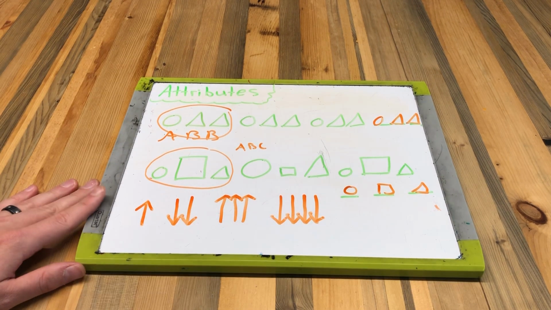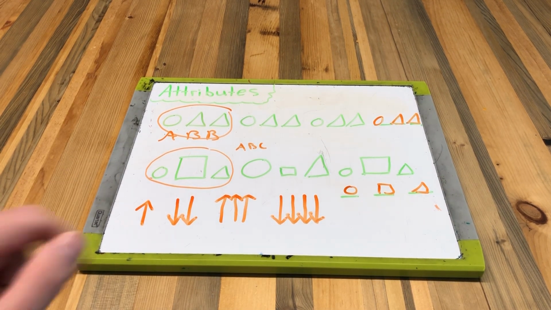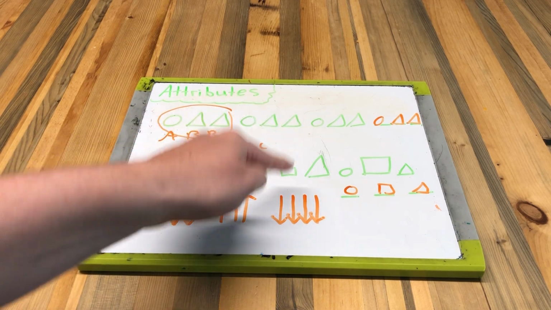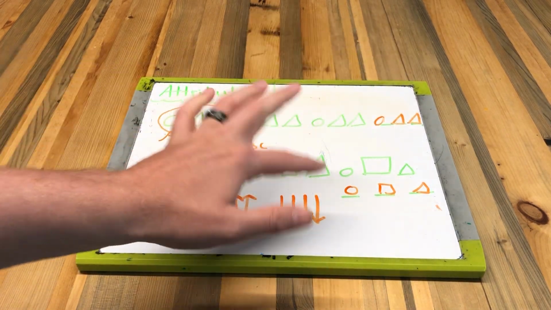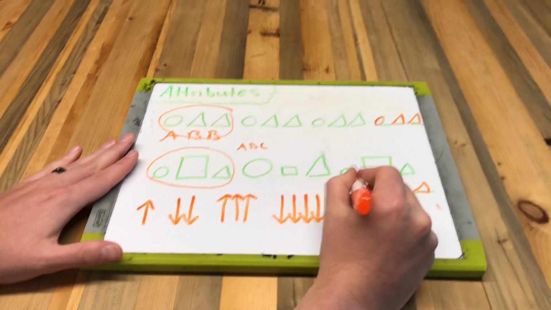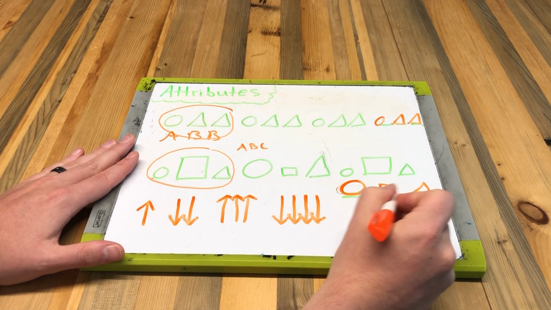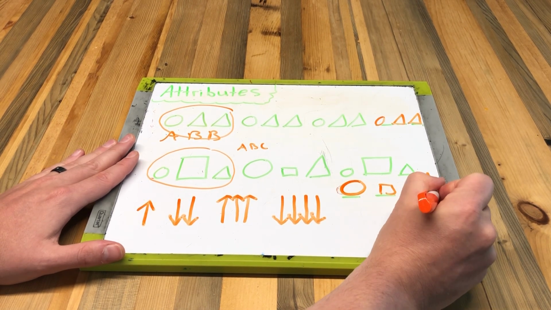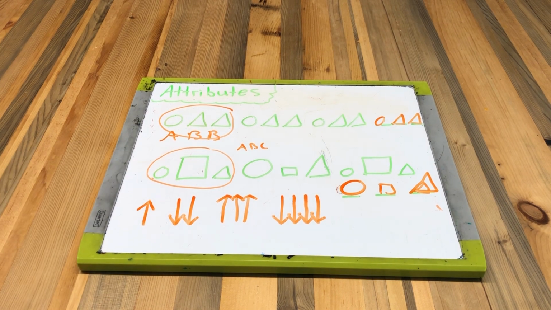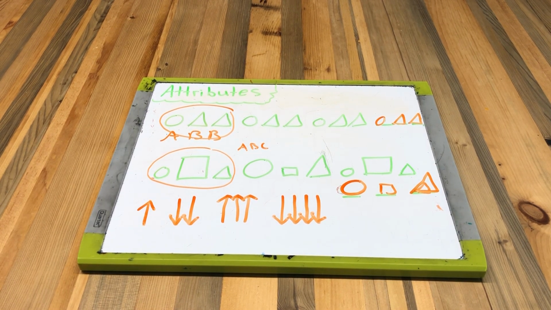Yes, that's correct, but I also need to think about size. Small, big, small, big, small, big, small, big, small, big. This should be a big circle, small square, big triangle. So there are two attributes that are changing there, which makes it kind of tricky.